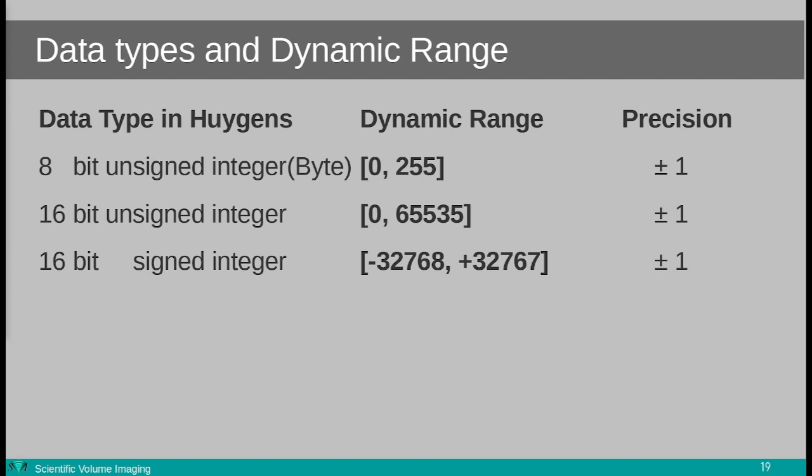The intensities are shifted so that we can have negative numbers, but as a result, the intensity range is halved because one half is used for negative numbers and the other half is used for positive numbers. For 16-bit signed integers, this means that we have a dynamic range from minus 32,000 up to plus 32,000.